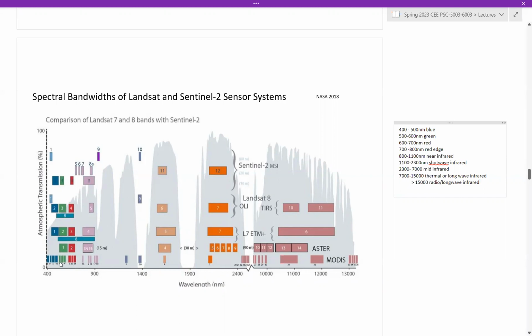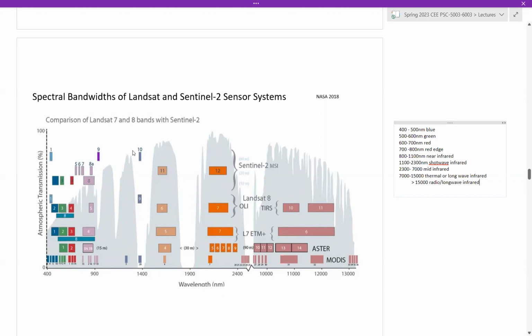So, for example, for blue light, only 30% of the light coming from the sun will be able to reach the surface. Only 30%. The odds are better for green, for red, and for near infrared, about 60.